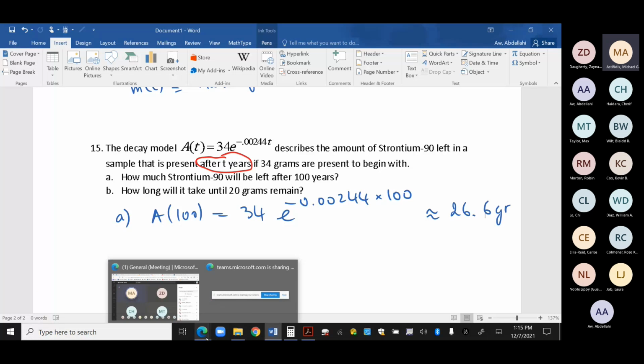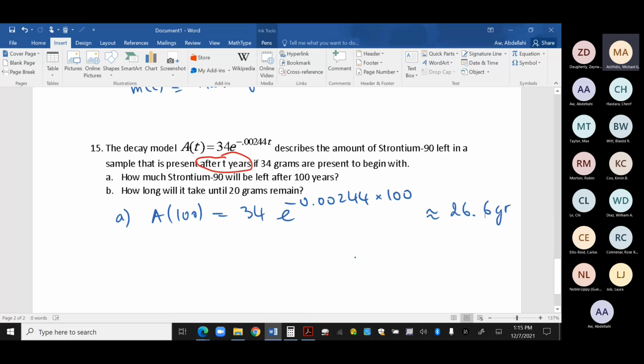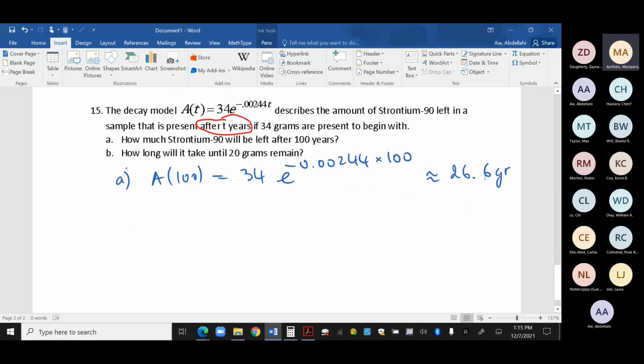How long will it take until 20 grams remain? What do you do? Now the 20 grams will represent the left side or the right side? The left side. In here, 20 grams will be the A or the t?